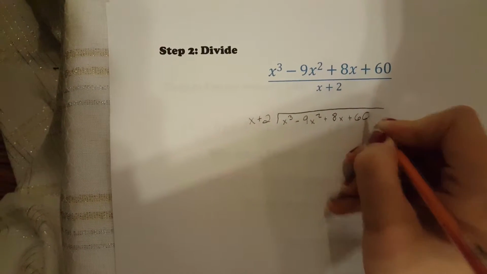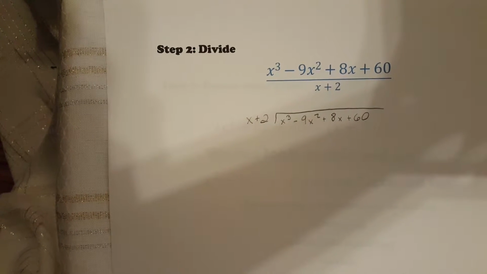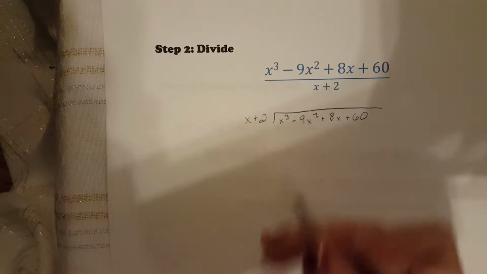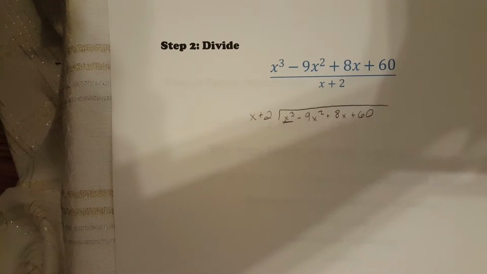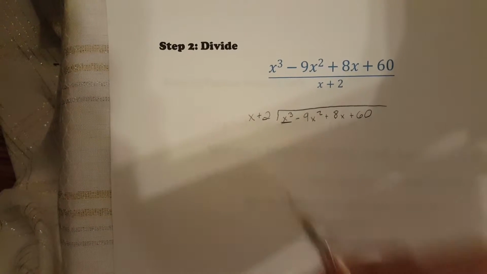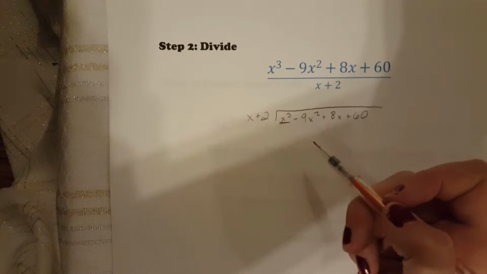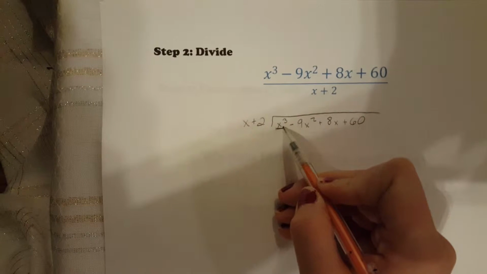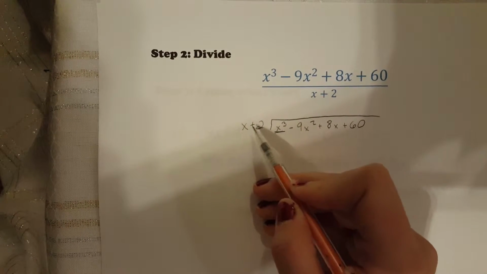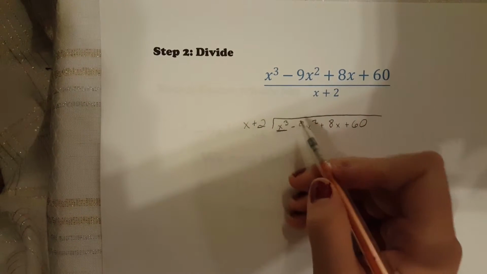Okay, so now that we have this, we're going to look at our first little x to the third power. And we're going to try to find something that multiplies times this x to give us x to the third.